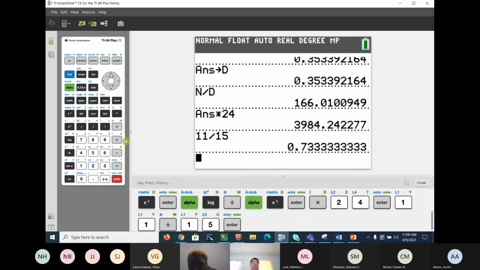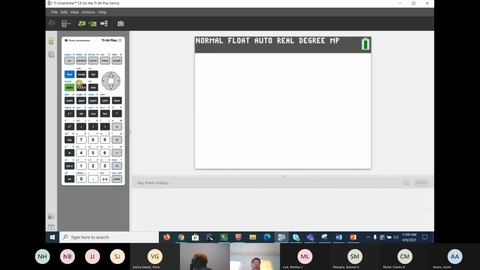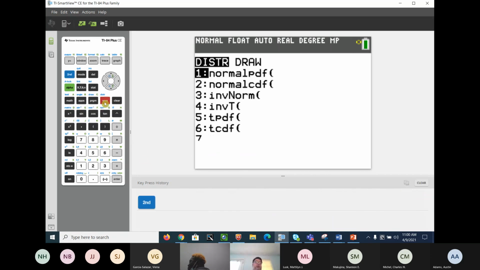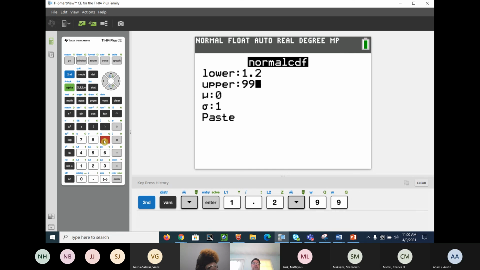Clear and clear. Second, vars, normal CDF, from 1.2 to 9999. And enter.